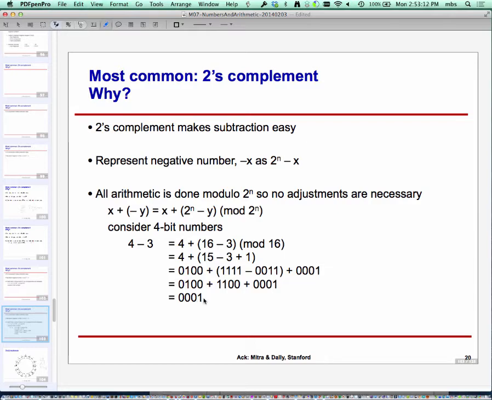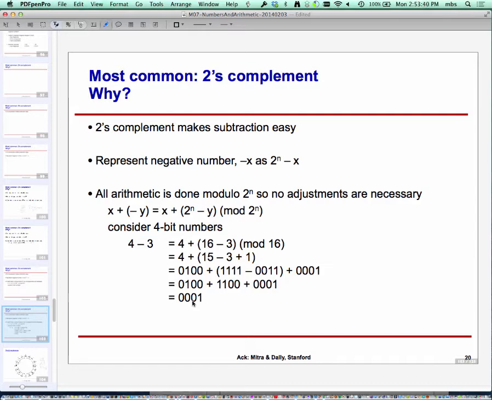So here 4 is 0, 1, 0, 0, 15 is 1, 1, 1, 1, minus 3 is 0, 0, 1, 1, and then plus 1, and you do this arithmetic and you end up with this. So subtraction, or another way of saying it, adding a positive number and a negative number, just magically works with the same hardware that we previously designed for unsigned arithmetic.